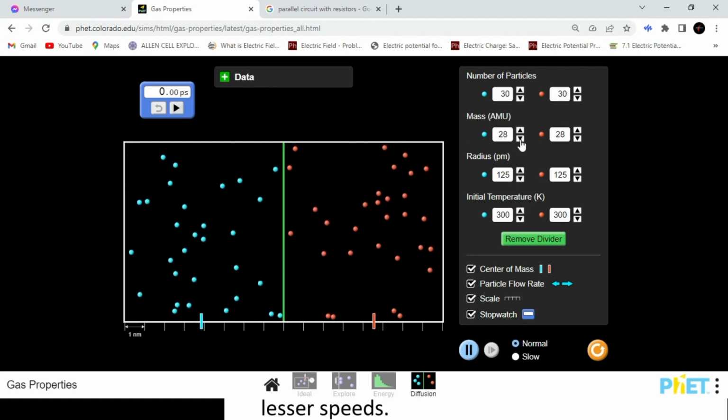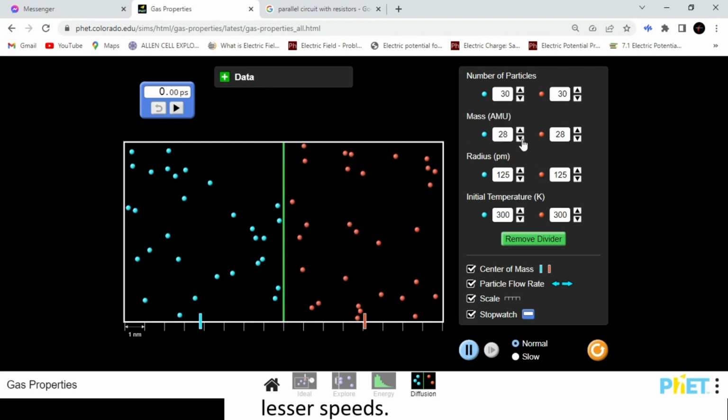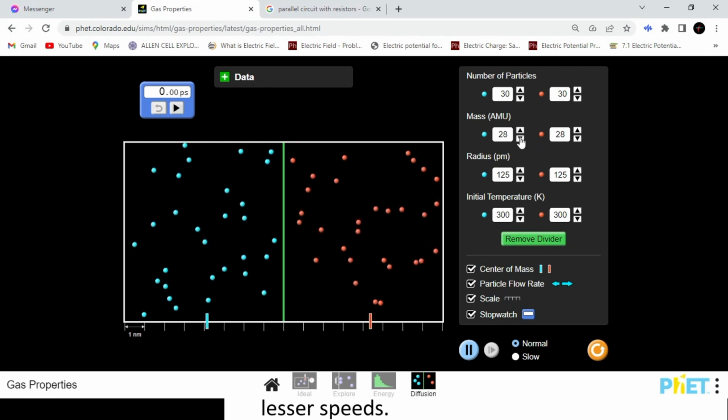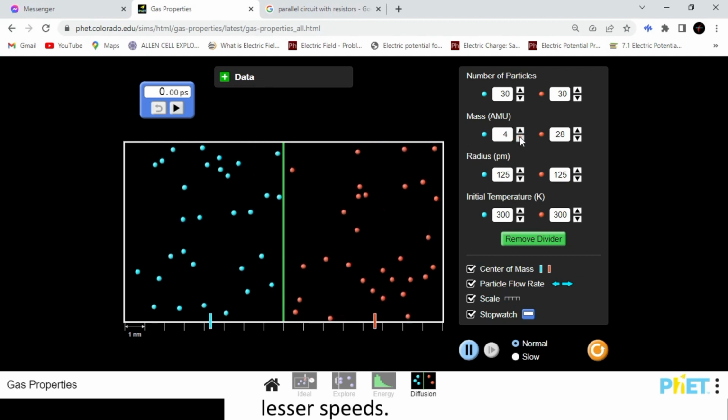But if we decrease, let's say, the mass of the blue balls here, what will happen? Observe what will happen.